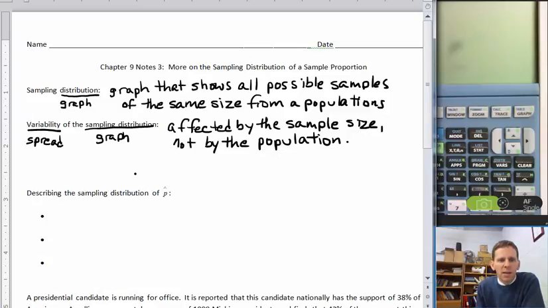The bigger the sample we take, the less spread out your graph is. The smaller your sample size is, the more spread out. So we have an inverse relationship.